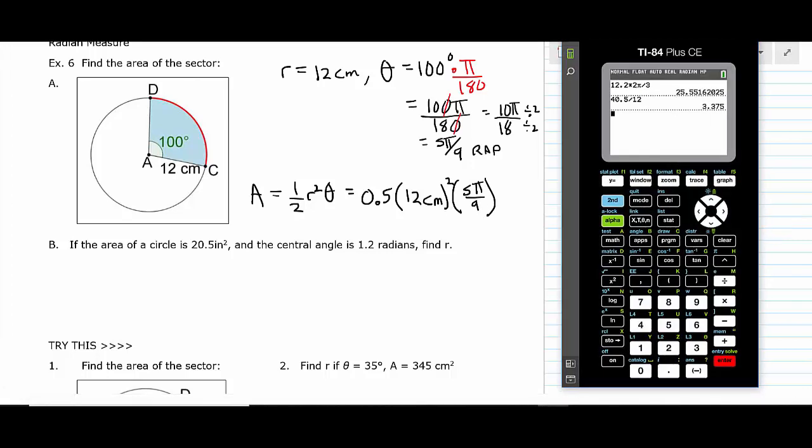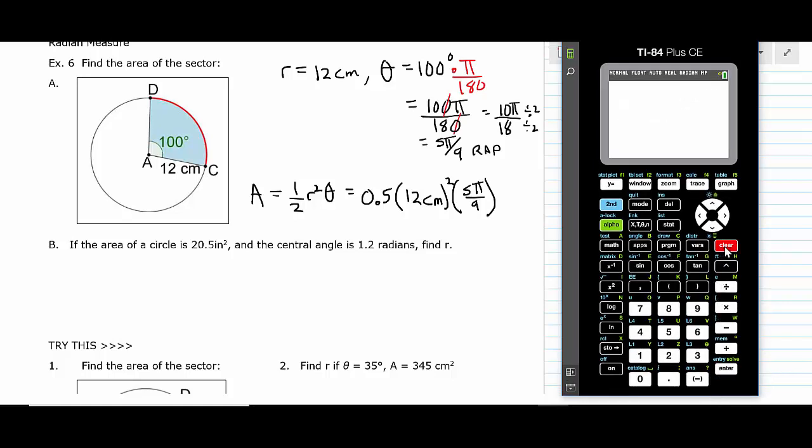Now, when you have these really cool graphing calculators, they can do a lot of this stuff in one step. Just type it in exactly this way, 0.5, parentheses, and you don't have to have parentheses on that, but you can bypass that. So I have that, and then parentheses 5 pi over 9, and then just let the calculator do all the calculation for you, and that'll give you the answer to the problem.